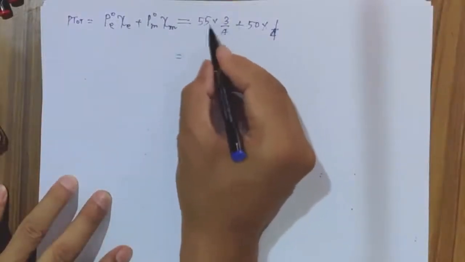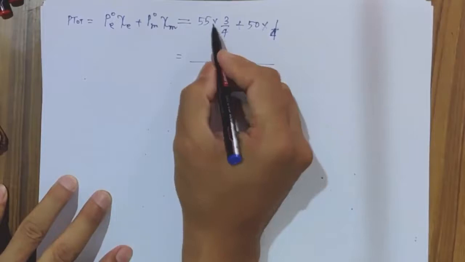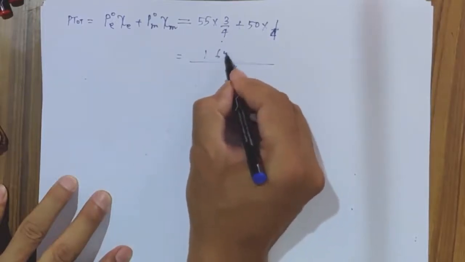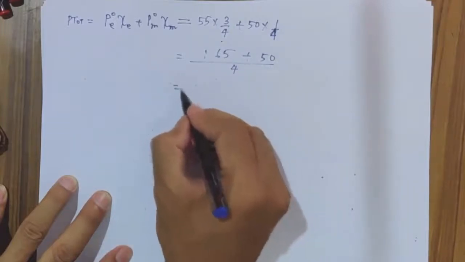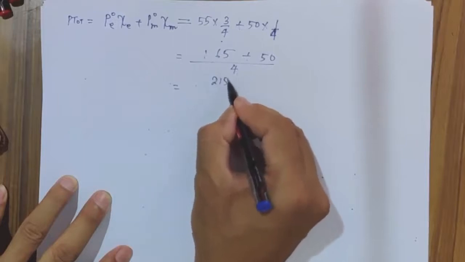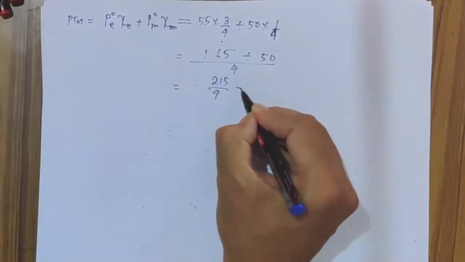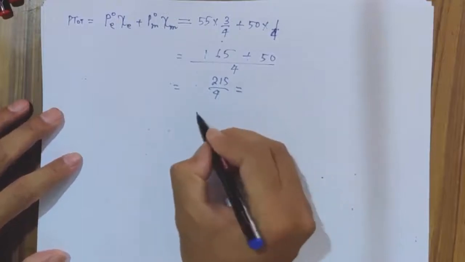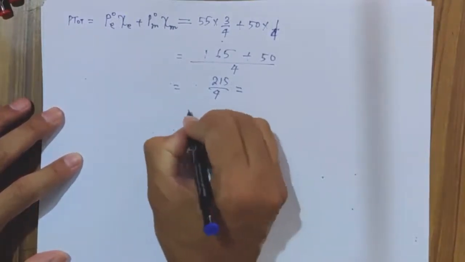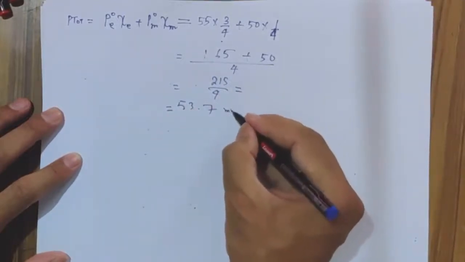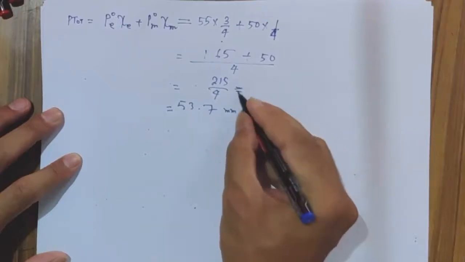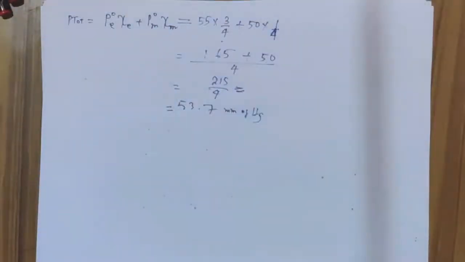The LCM will be 4: 3 times 55 is 165, plus 50, gives 215 divided by 4, equal to 53.7, in the same unit, mm of mercury. That is how Raoult's law and Dalton's law are used in numerical problems.